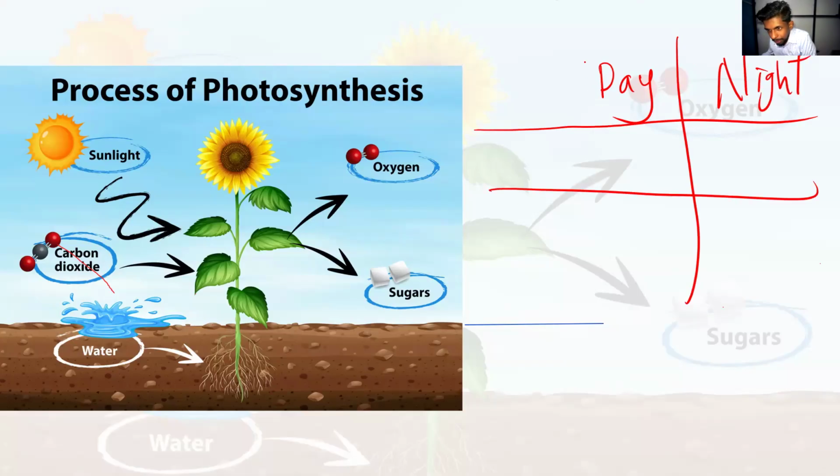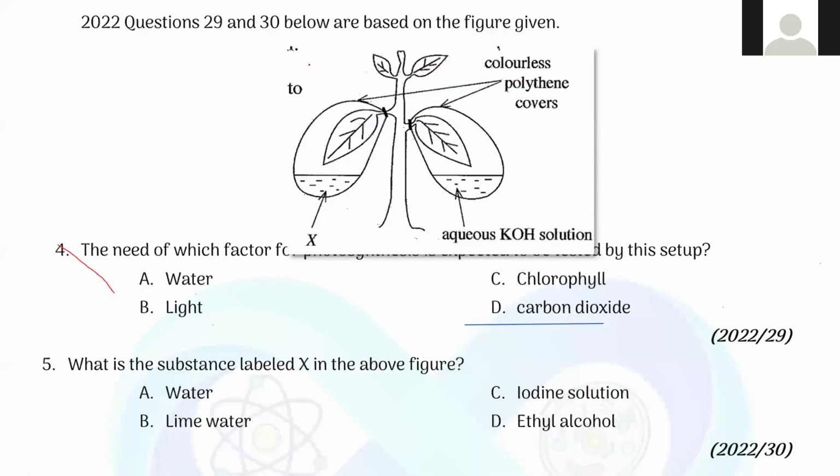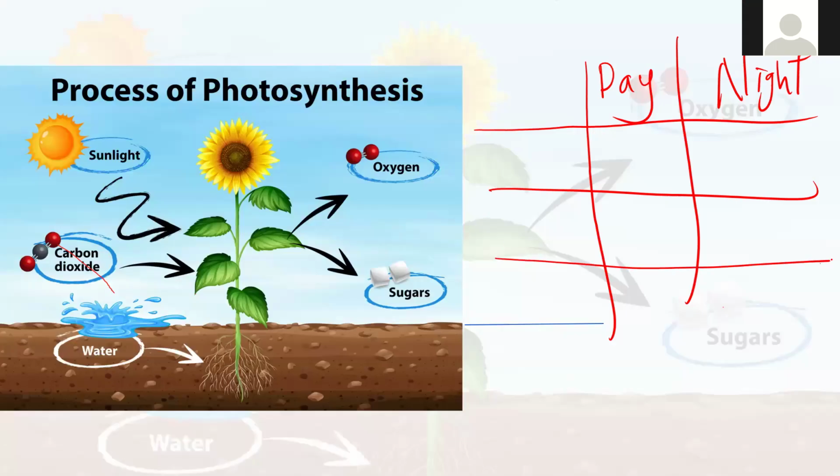Now, during the daytime, what happened? So here, during the daytime, you know photosynthesis may occur, right?